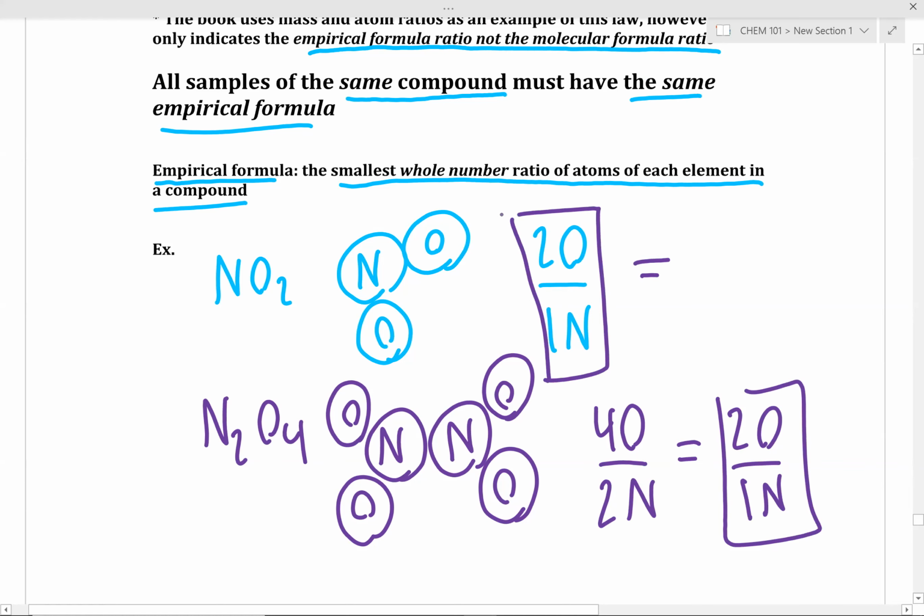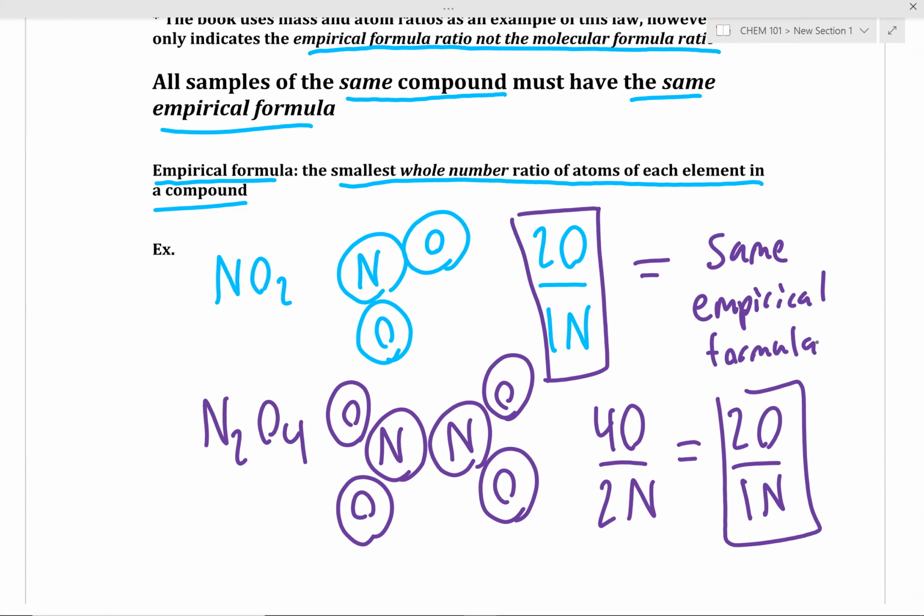Right? Do you see how the atom ratios are the same? So these types of compounds with the same ratio of atoms, what we say is that they have the same empirical formula, required a bit more work to distinguish.